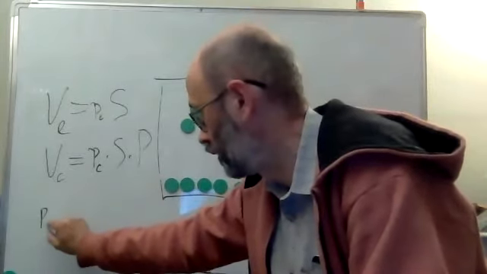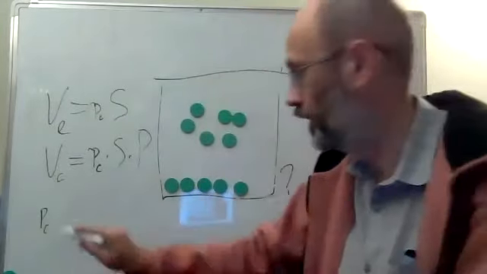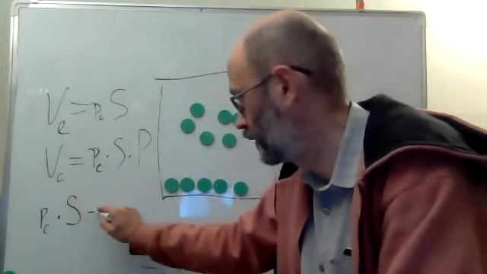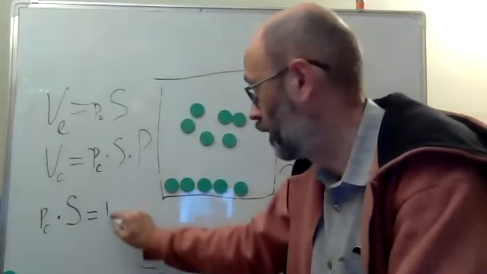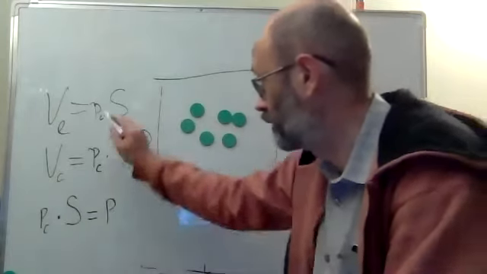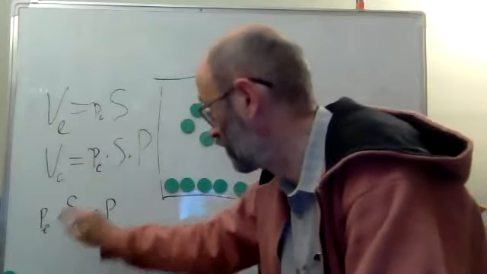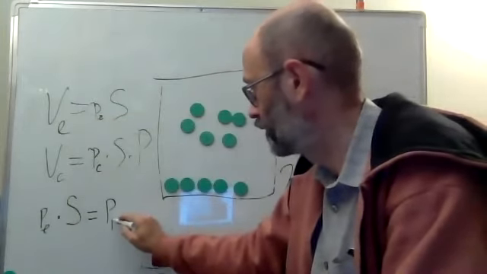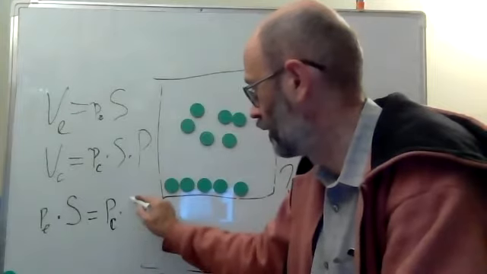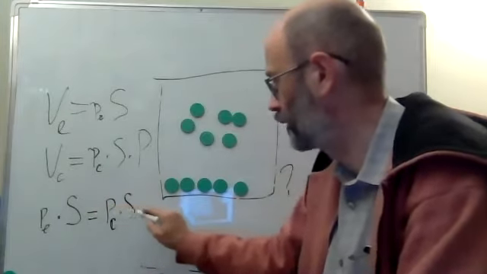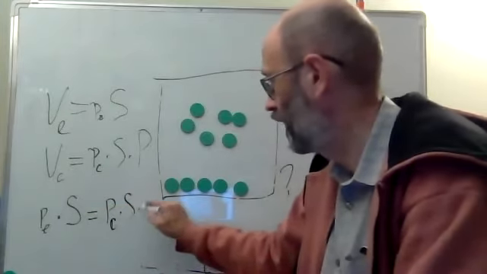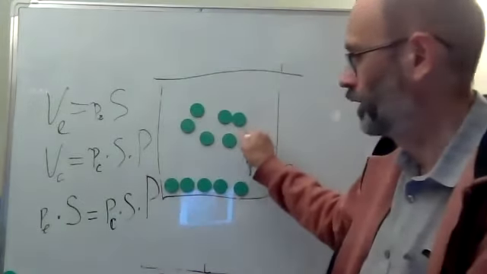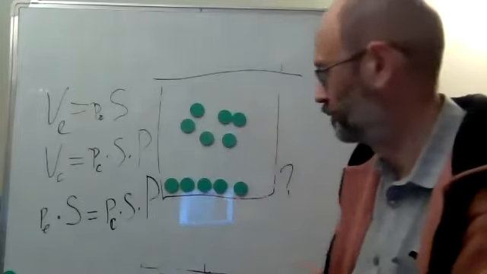P evaporation times area, the surface area, equals the probability of condensation times area times the pressure, the vapor pressure.